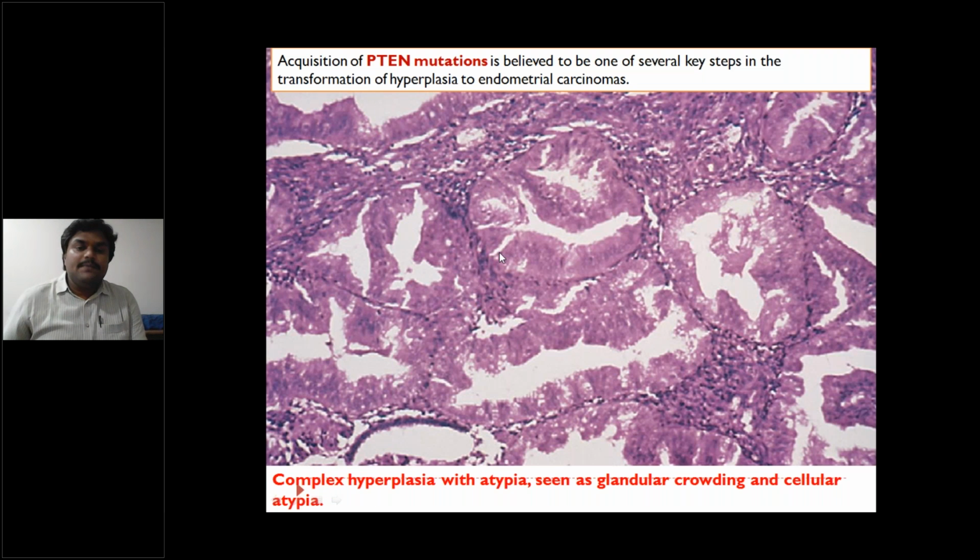Next is complex hyperplasia with atypia, seen as glandular crowding and cellular atypia. You can see there is definitely cellularity and of course nuclear crowding, and there is atypia. In this photograph it is not very clear, but you can identify a loss of nuclear polarity, and the pencil shaped nuclei are converted into round vesicular nuclei with prominent nucleoli.